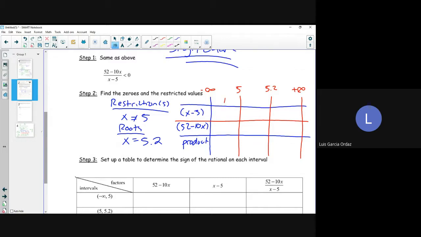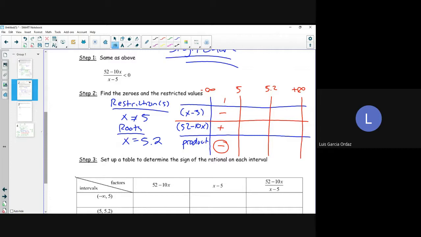If we sub in 1 for our factors, we get 1 minus 5, which is negative, and 52 minus 10, which is positive, which means our product is going to be negative, okay? And because our inequality is less than 0, a negative number means that it's less than 0.